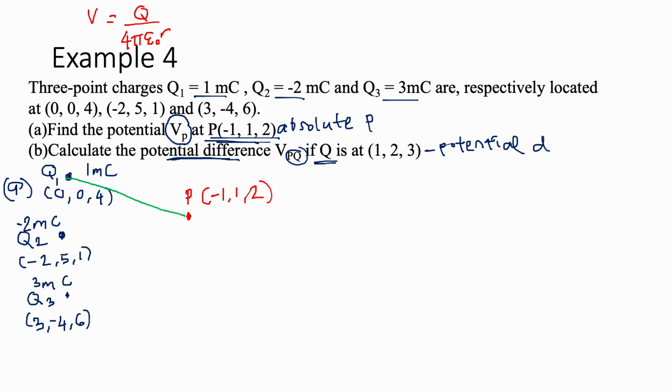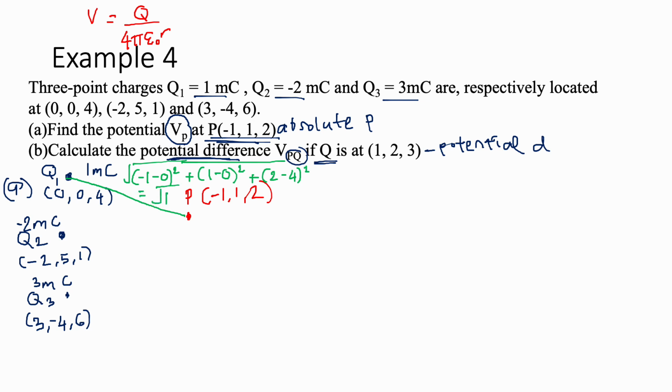It will be the square root of (-1 minus 0) squared, plus (1 minus 0) squared, plus (2 minus 4) squared, and you will get the square root of 6.